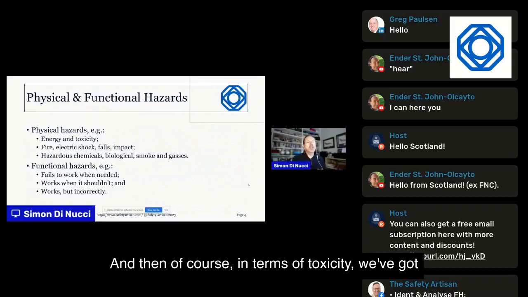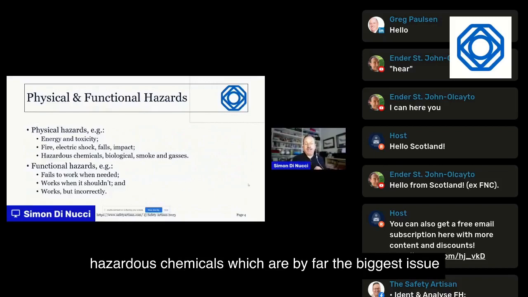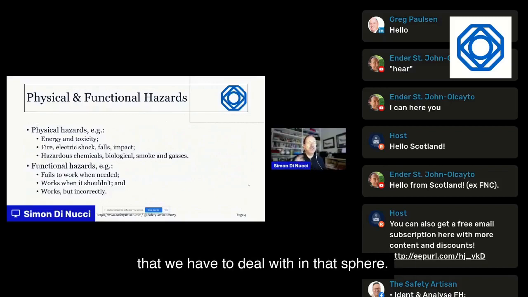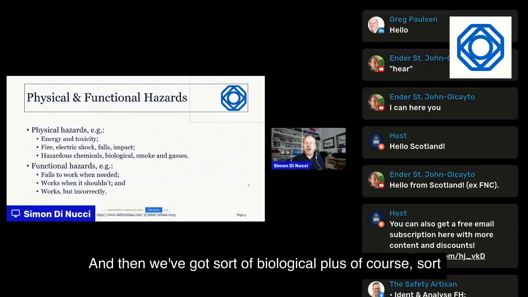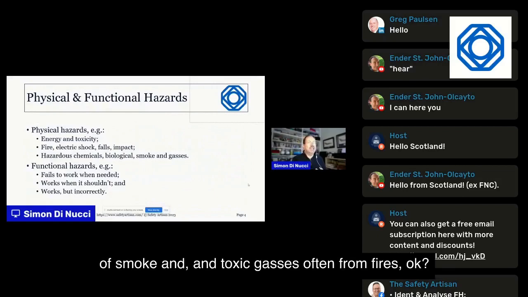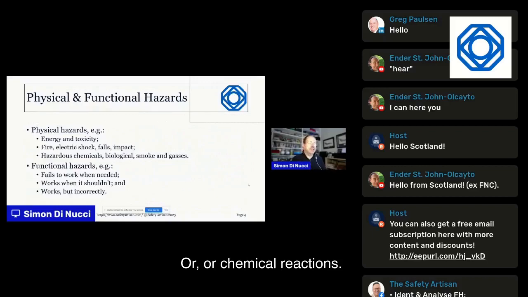And then, of course, in terms of toxicity, we've got hazardous chemicals, which are by far the biggest issue that we have to deal with in that sphere. And then we've got biological, plus, of course, smoke and toxic gases, often from fires, or chemical reactions.